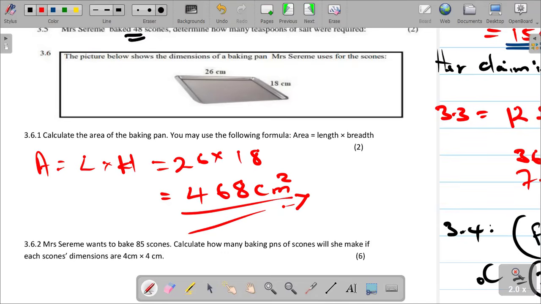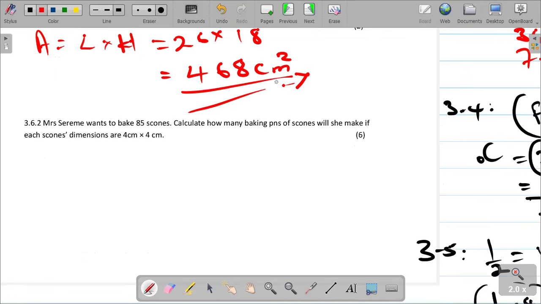468 square centimeters. The next question says Miss Serene wants to bake 85 scones. Calculate how many baking pans of scones she will make if each scone's dimension is 4 centimeters by 4 centimeters.